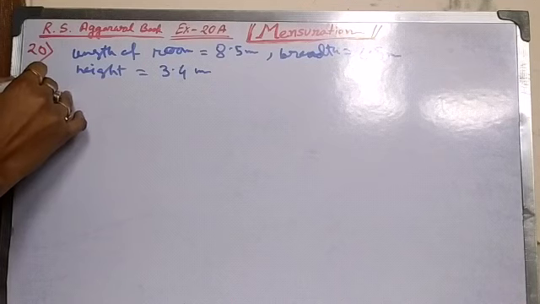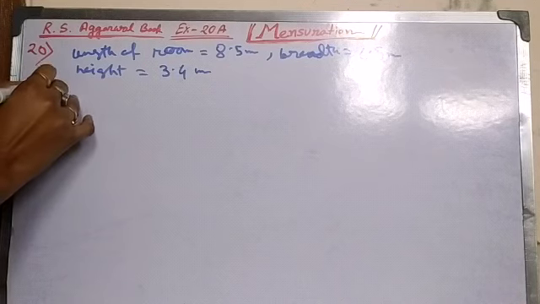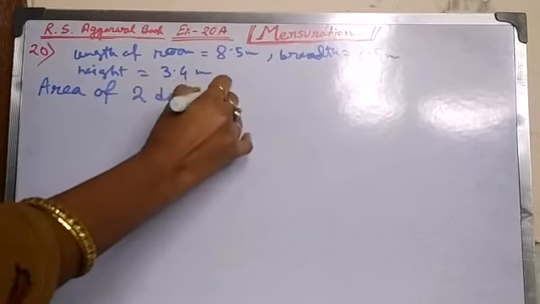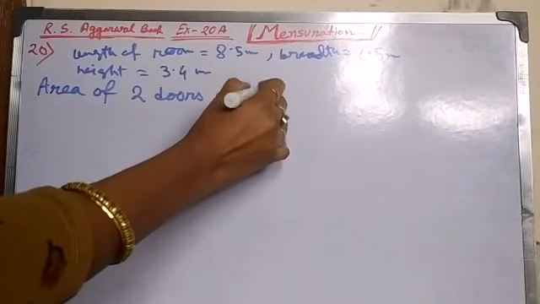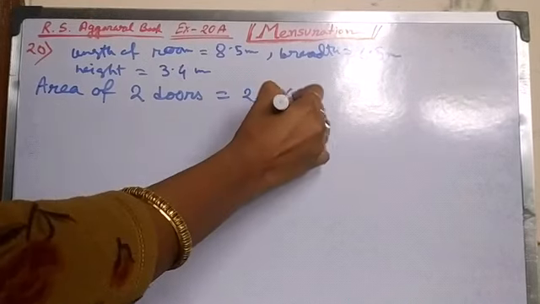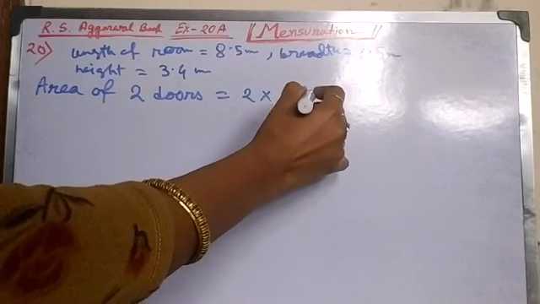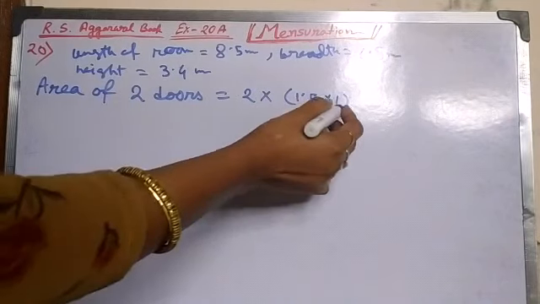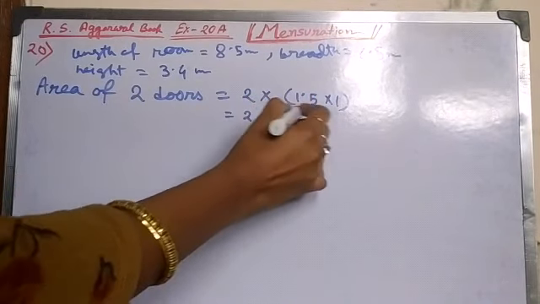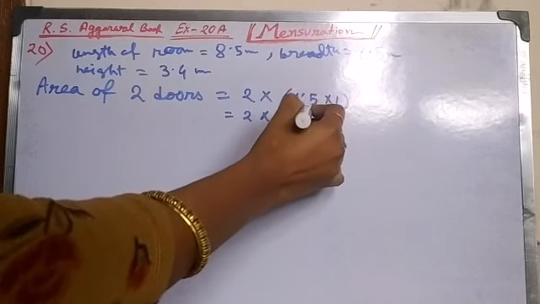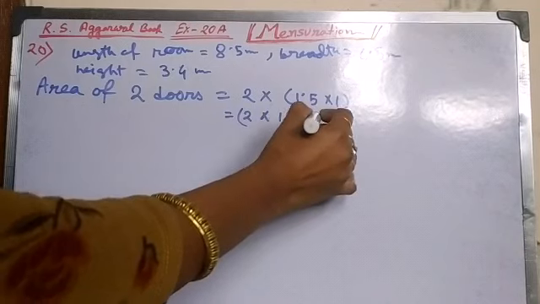So area of two doors equal to 2 into, here dimensions given, that is 1.5 meter into 1 meter. So this is the area of each door, 1.5 into 1. So 2 doors means 2 into this area. That means 2 into 1.5 meter square.